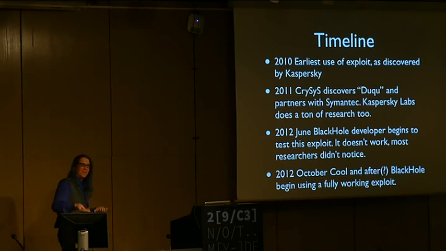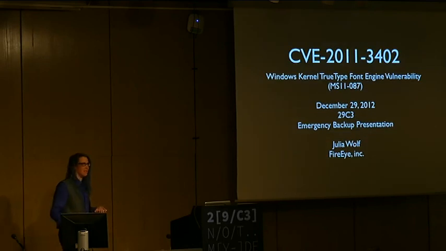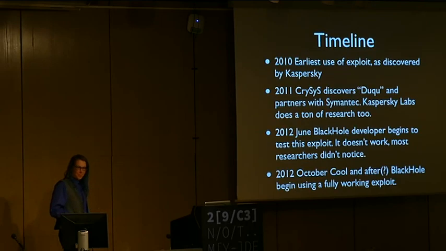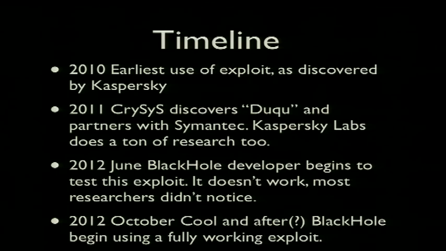All right. So everybody here's heard of Duqu, right? Because I don't want to explain it. Okay, good. So anyway, it was the son of Stuxnet or something, and this talk is not about that.